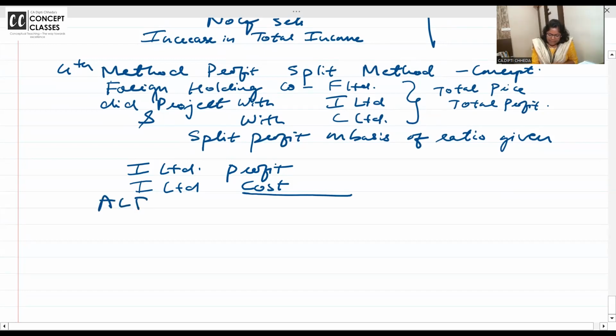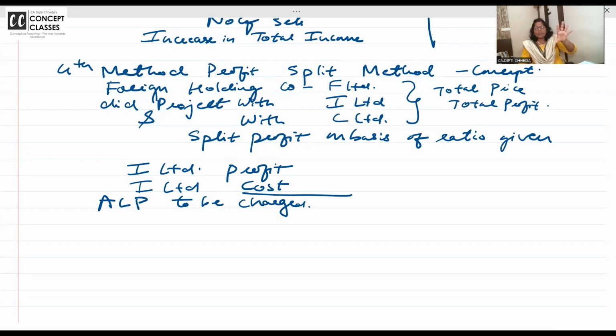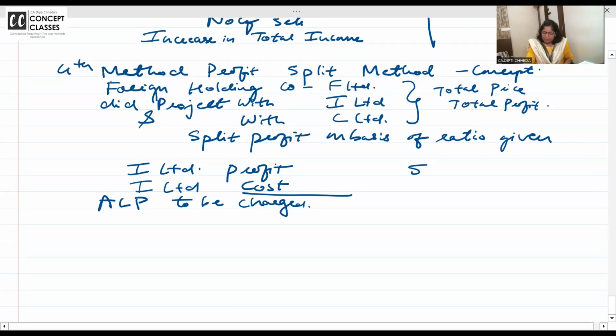तो आर्म्स लेंथ प्राइस टू बी चार्ज्ड आ गया. इंडिया लिमिटेड, यू ऑल्सो टुक पार्ट इन द प्रोजेक्ट ना. आपका प्रॉफिट में शेयर है 5 रुपए. इंडिया लिमिटेड आपका कॉस्ट है 7. तो 12 रुपीज इज द प्राइस to be charged by India Limited.